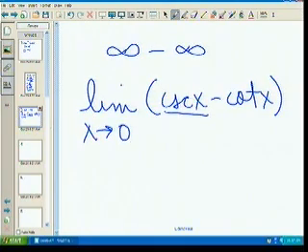Sine of 0 is 0 over 1 or 0 over something. And then we flip it and we get something over 0, which is infinitely large, right? And cotangent, I don't know. Think of tangent. What's the tangent of 0? Same thing, right? 0. And we try to flip that, and it's infinitely large. So it is infinity minus infinity.